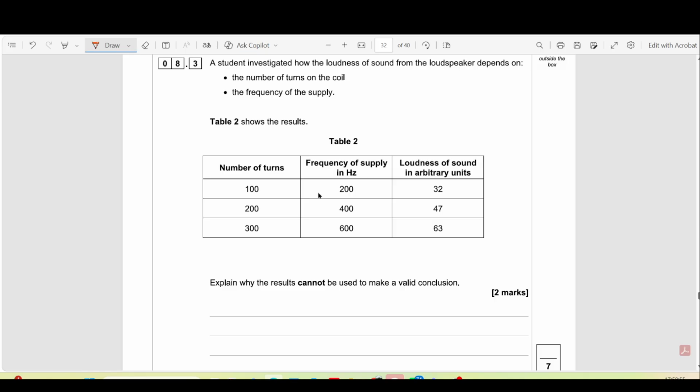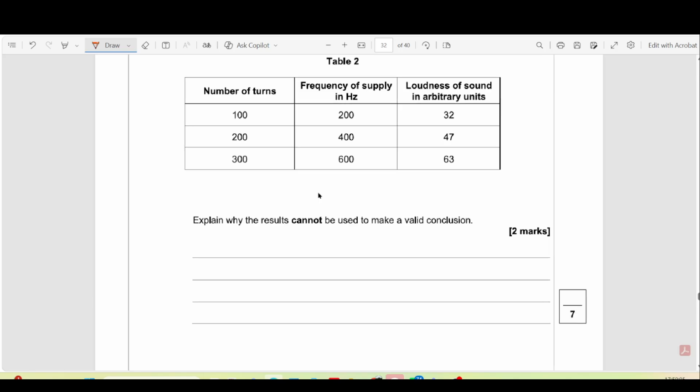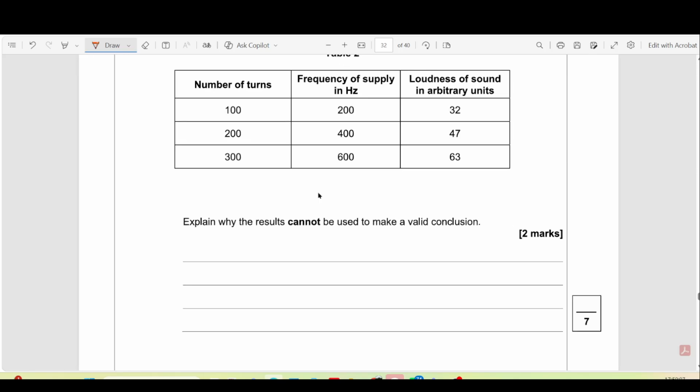There are other external factors, and both variables changed at the same time, so it is impossible to state the effect of each variable.